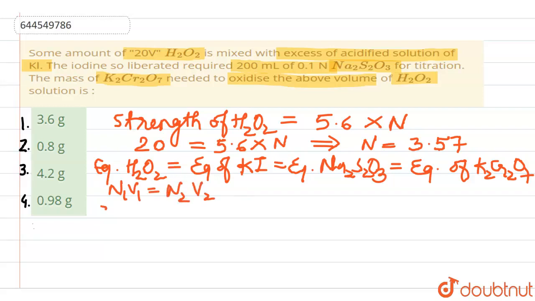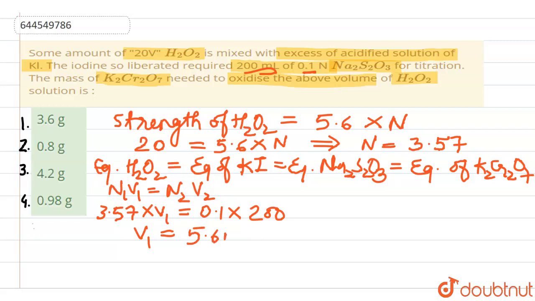That is, N1 we calculated, that is 3.57, multiplied by V1. N2 is given in the question, that is 0.1, and the volume is 200 ml. When we calculate, the answer for V1 will be 5.6 ml.